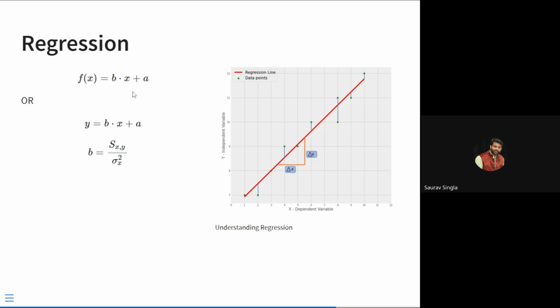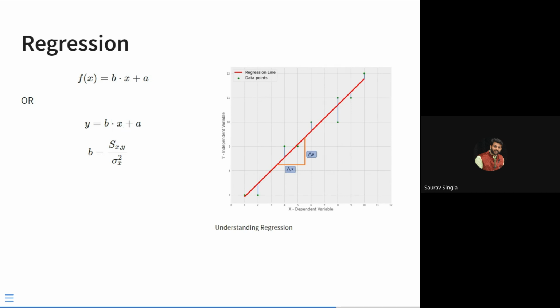In the first, we are writing y as a function of x. f(x) means function of x, and the function of x is a linear function bx + a. Here we are writing y itself, that y = bx + a. So this is the function of x form and this is the y form.